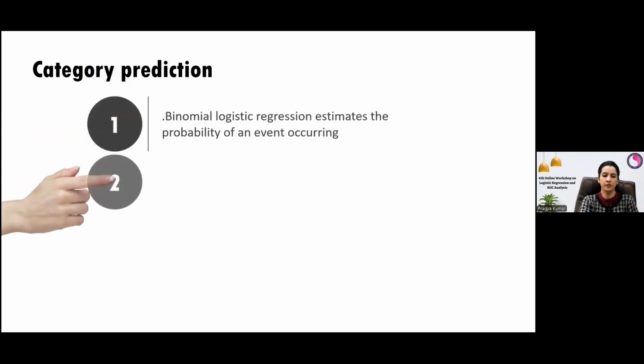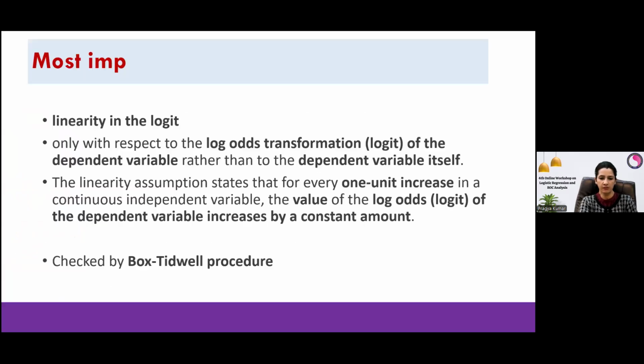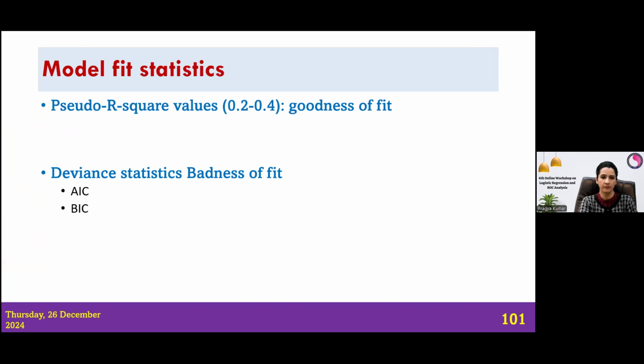Category prediction, you know that when it is more than 0.5, this is SPSS, no, even in Jamovi. So model fit statistics. So yes, if you see model fit statistics, there is a pseudo R square value. So you will see in Jamovi there are various types of pseudo R square. There is a McFadden pseudo R square.